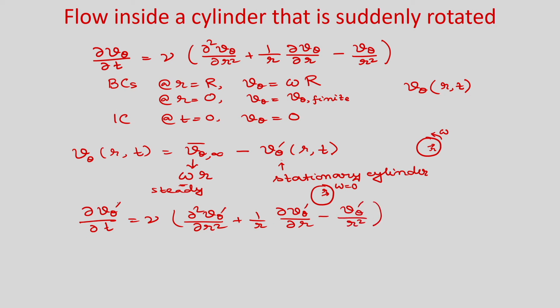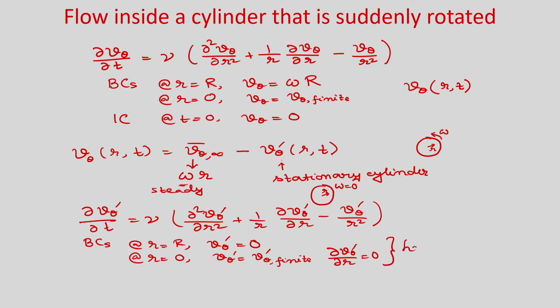So this is the problem, and here the boundary conditions: at r is equal to R, v theta prime is 0, and at r is equal to 0, v theta prime is finite. Obviously you will get maximum or minimum velocity at r is equal to 0, so del v theta prime by del r is equal to 0. So you can see this is your homogeneous direction.